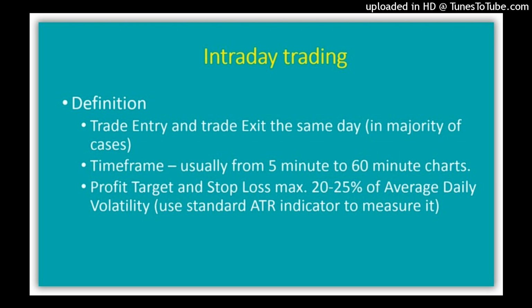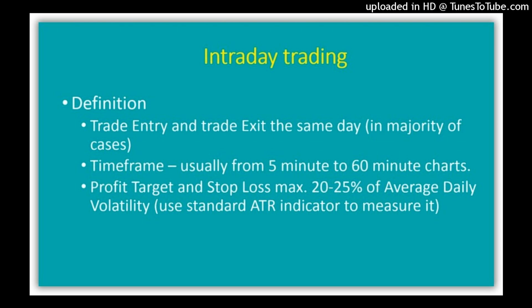As you can see in this case, the average volatility is somewhere from this place to this place. So it's roughly 67 pips per day to around 90 pips per day, right? 67 to 90.